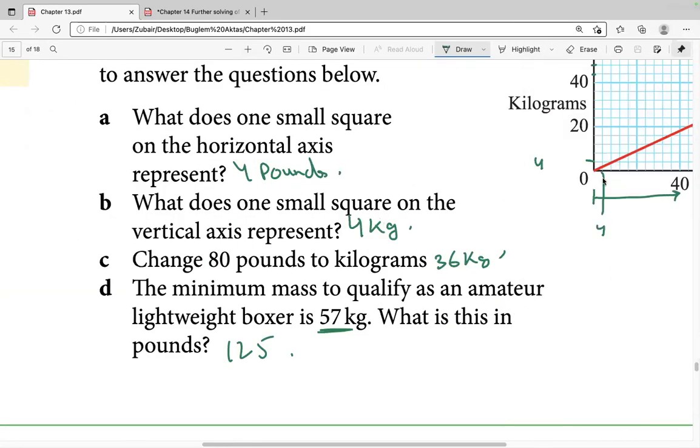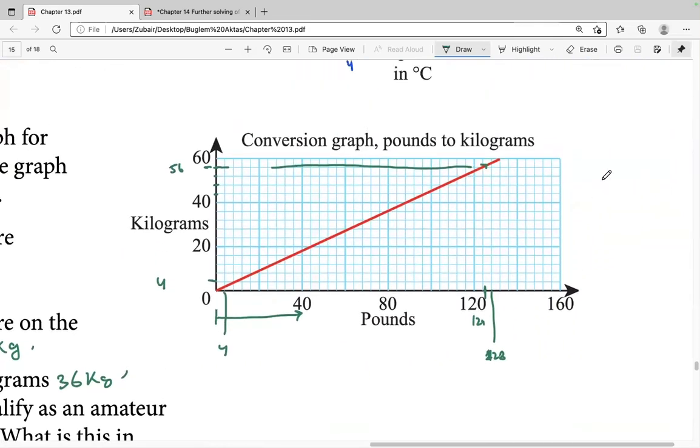Okay, thank you. The question is: 30 kgs is 66 pounds.